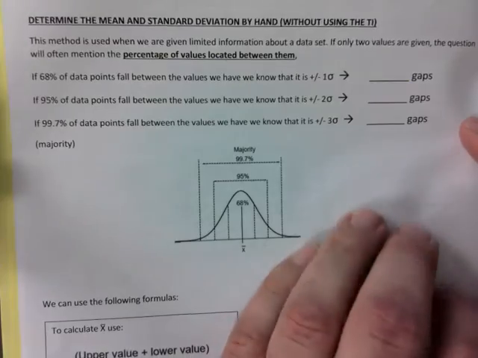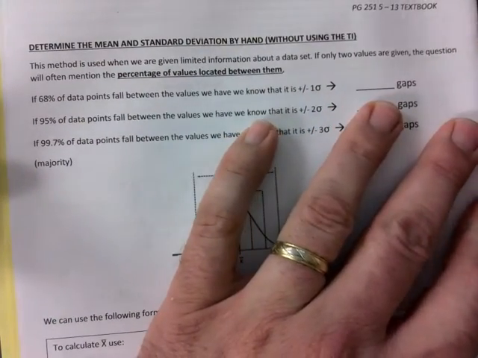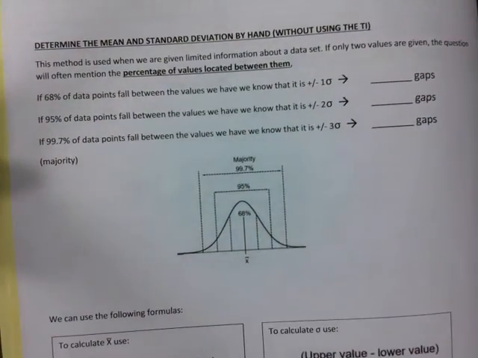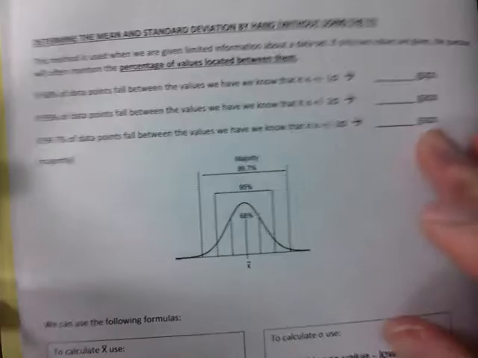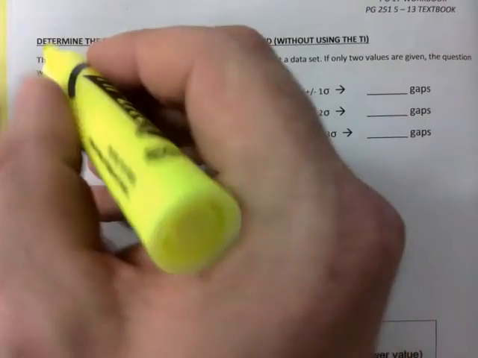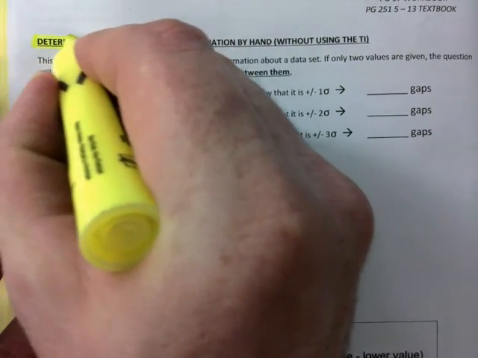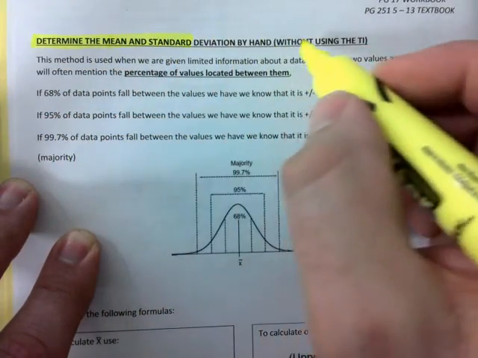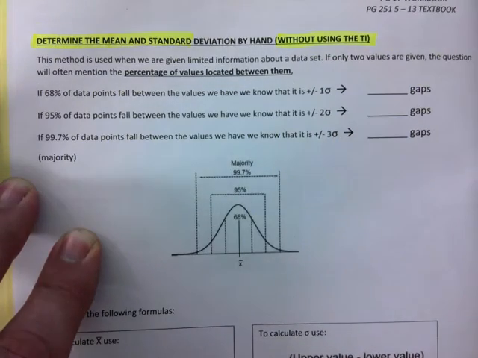And I will take you to page 25. It says it right there. Determine the mean and the standard deviation without using the TI. Okay?